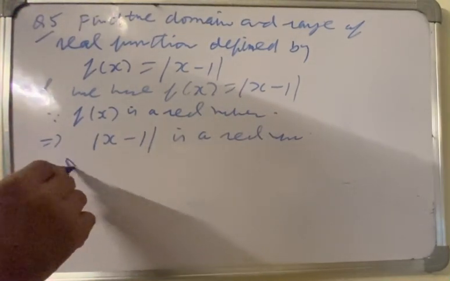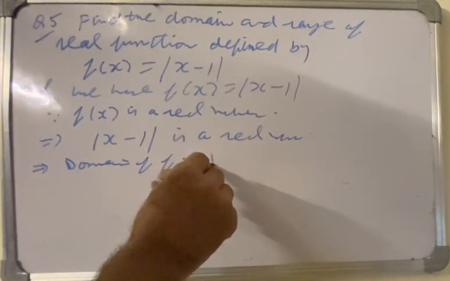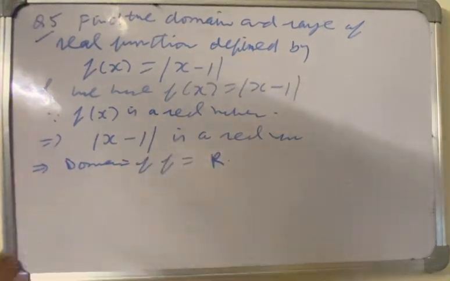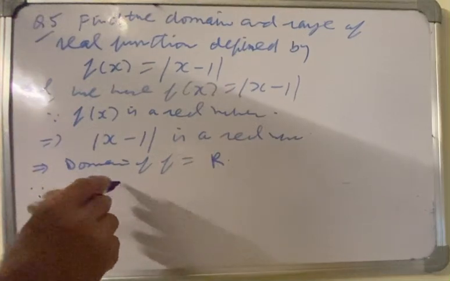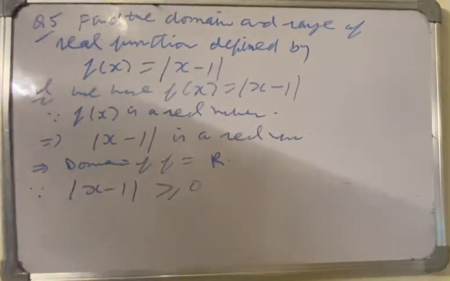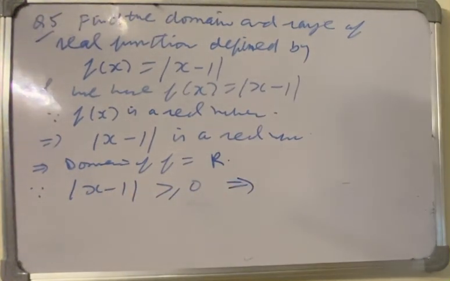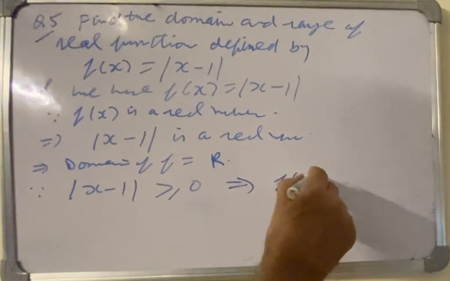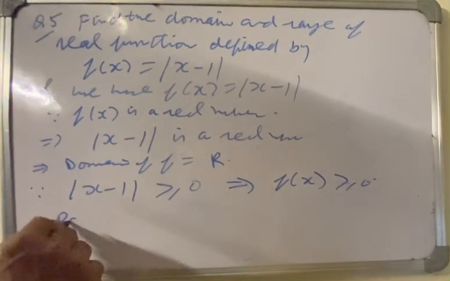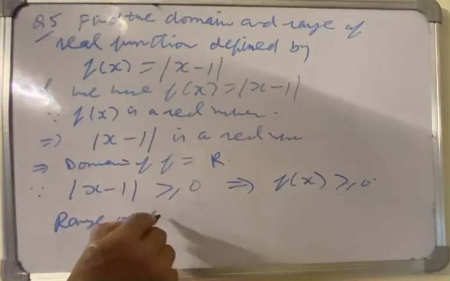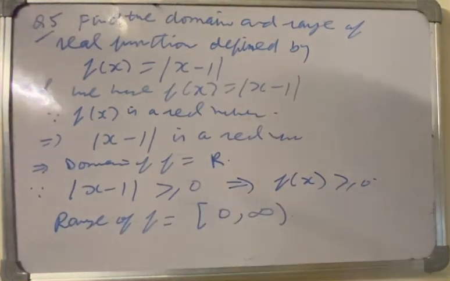That means the domain of f is the set of real numbers R. Since mod (x minus 1) is greater than or equal to 0, because mod is always non-negative, f(x) is greater than or equal to 0. Therefore, the range of f is the interval [0, infinity).